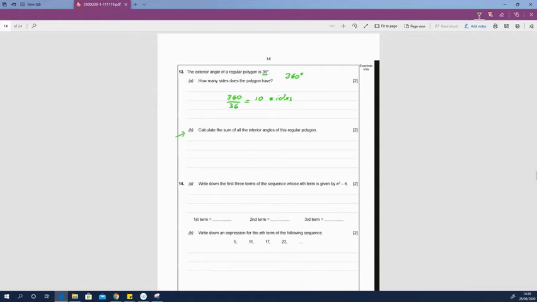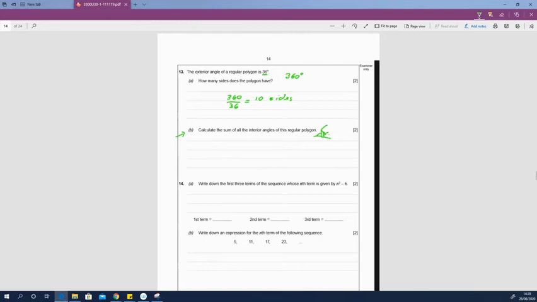Part B asks us to calculate the sum of all the interior angles of the polygon. So we've worked out the exterior angles. Just do a little sketch of 1 or 2 of the angles. This is the exterior angle and this is the interior angle. So the exterior angle and the interior angle will add to 180.